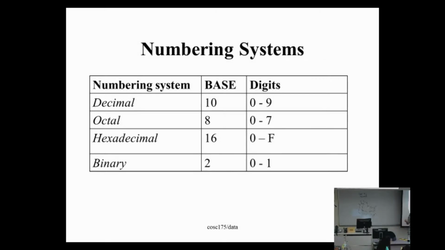What can we generalize? That each column is a power of the base, right? So the far right column indicates 10 to the 0 because it's a base 10 number. The second column is 10 to the 1, base 10 number. So every column is another power of the base that we're talking about.